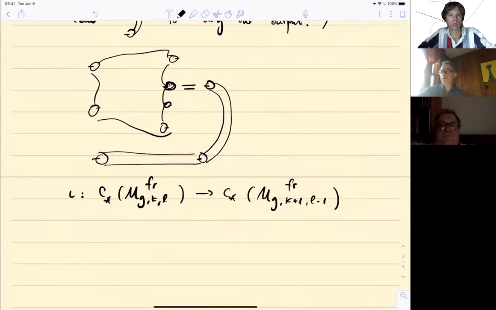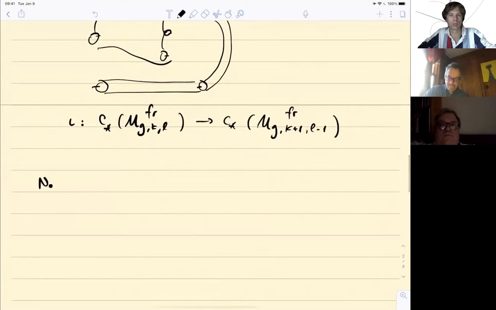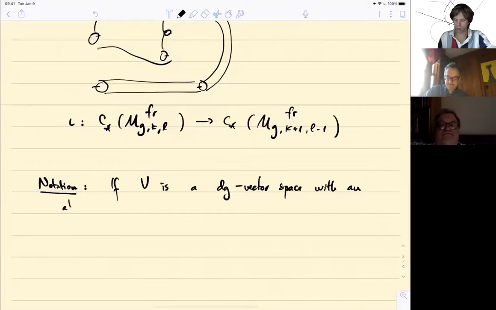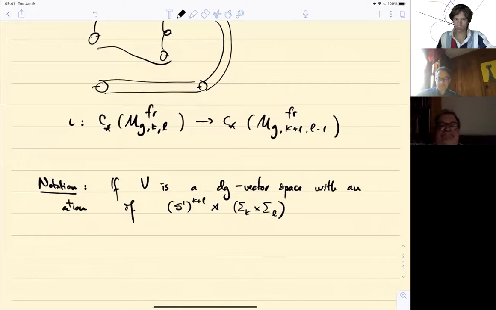So now let me introduce some notation. So if V is a DG vector space with an action of the following group, S1 to the power K plus L, semi-direct product, sigma K cross sigma L. So what I think about it in the back of my mind, I have something like a Riemann surface with K inputs and L outputs, and I can act with the circle on each one of the inputs or each one of the outputs.